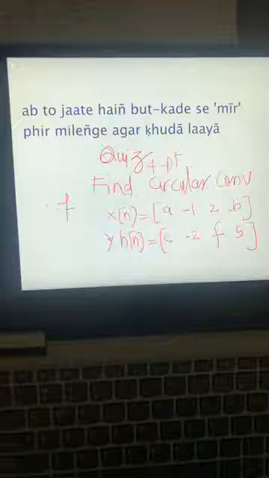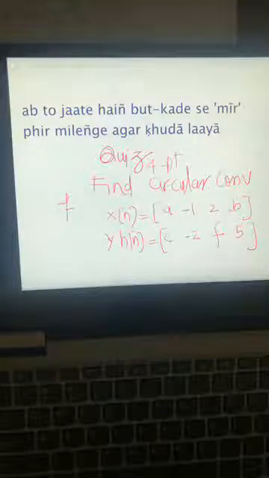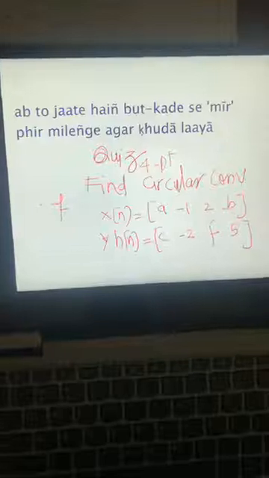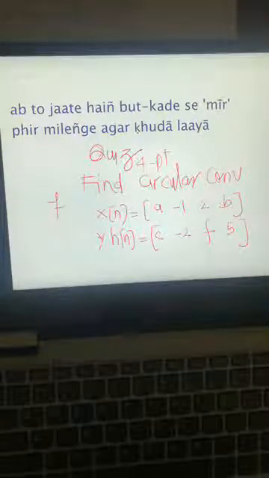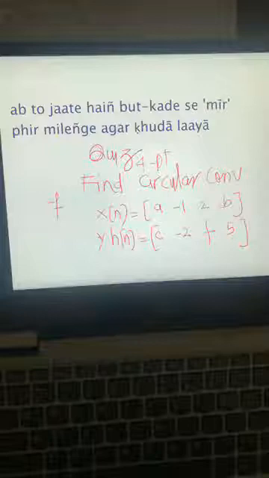So you need to find the 4-point circular convolution of these two signals. I think you can do this in 3 minutes, 5 minutes.